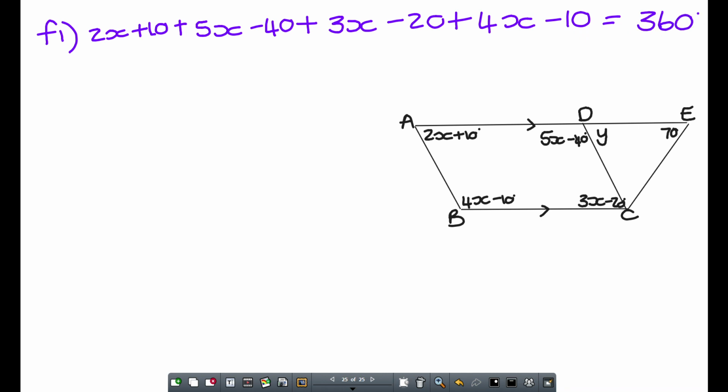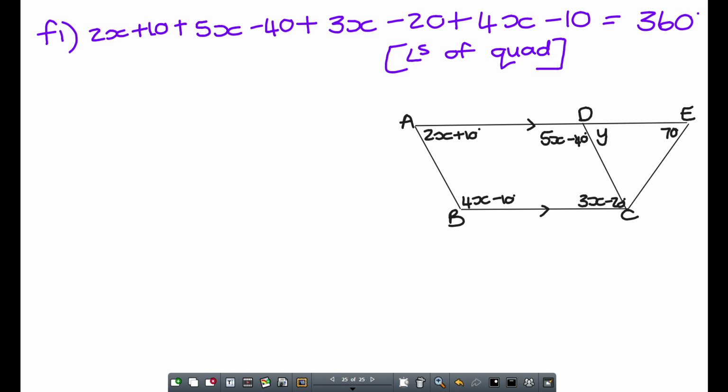Why did we do that? Because we knew it was angles of a quadrilateral. You don't have to write out the whole word quadrilateral, you can just say angles of quad.